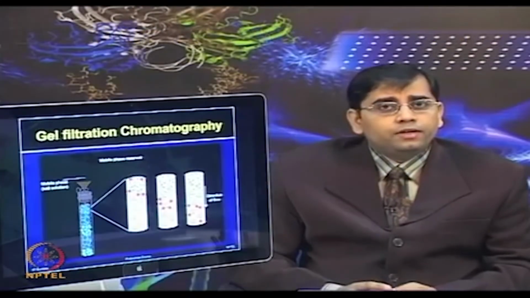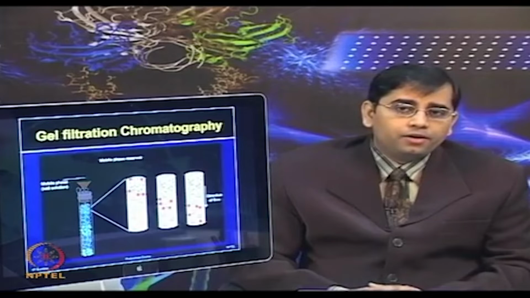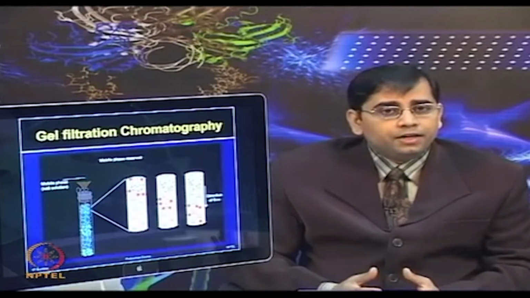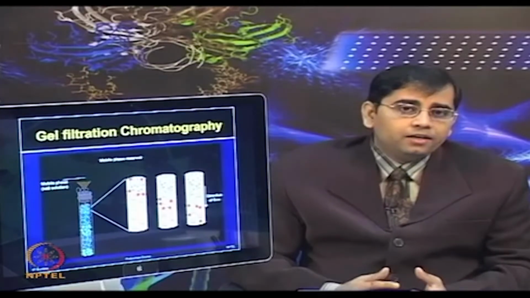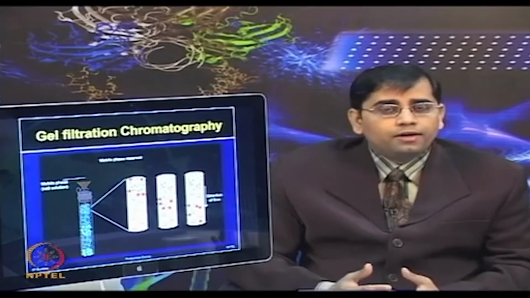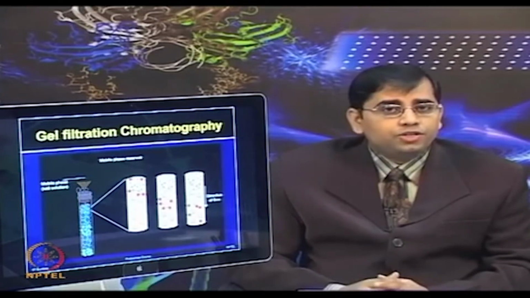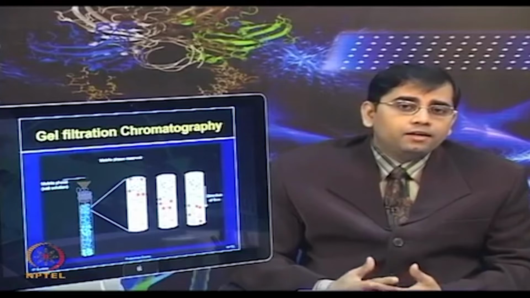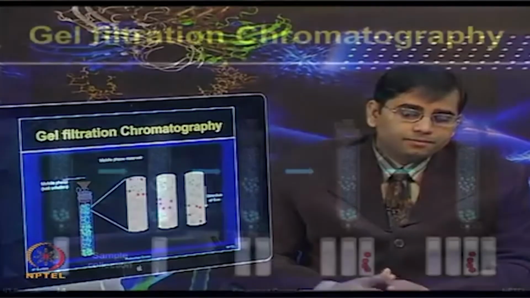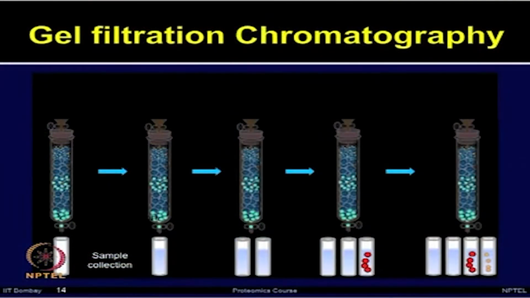Beads of different pore sizes can be used, or retention time can be increased by increasing the column length or decreasing the flow rate, to achieve higher resolution of proteins. After these steps, the fractions are collected and analyzed for protein content.